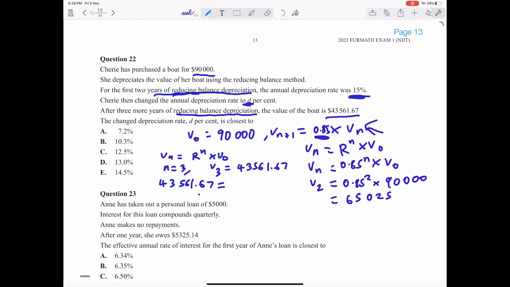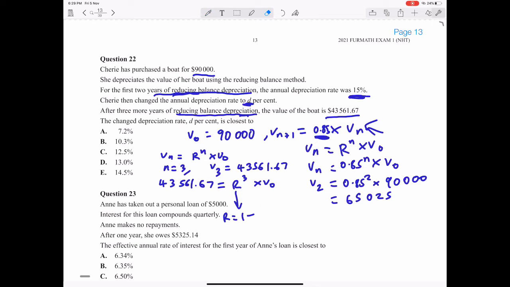So the value after 3 years equals the value of R, which is what we don't know, to the power of n. So n is 3 times V0. And you should know that the formula for R, like I showed before, is R equals 1 plus or minus. In this case, it's reducing balance depreciation, so therefore it's a minus. 1 minus R, which is the value of D, because R is the annual rate of depreciation.